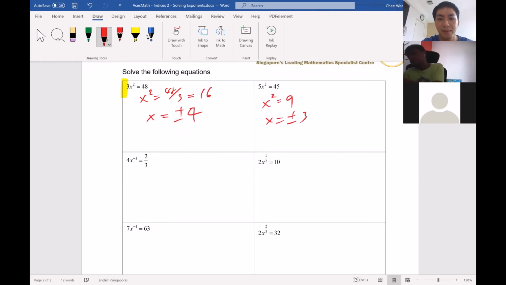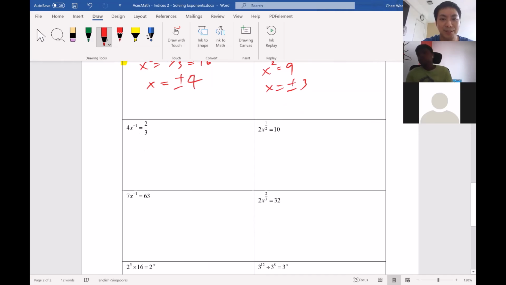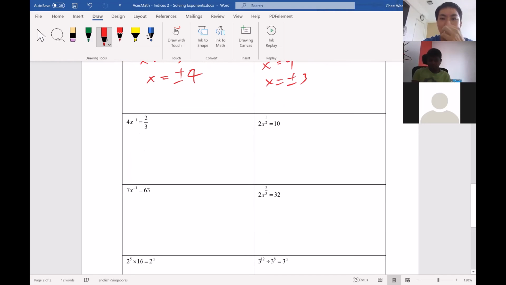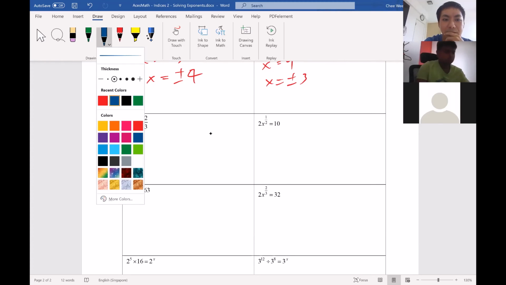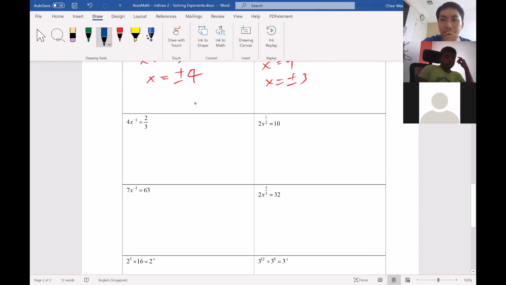Okay, Natalie, try on the next one. 12x to the power of -1 equals 2. Okay, so you multiply by x across first, is it? Yeah.